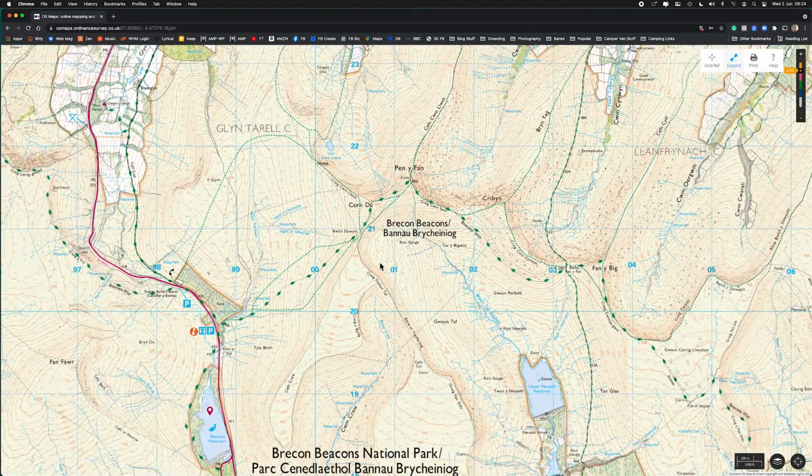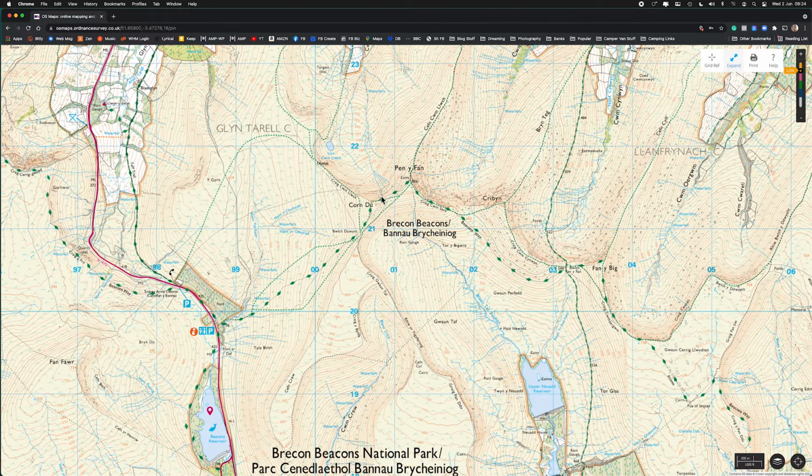Now, a map can give us lots of features that will help us identify areas on the ground. So we've got a few here. We've got some blue areas, reservoirs or lakes or streams or rivers. We have roads that are marked, and this is the A40.